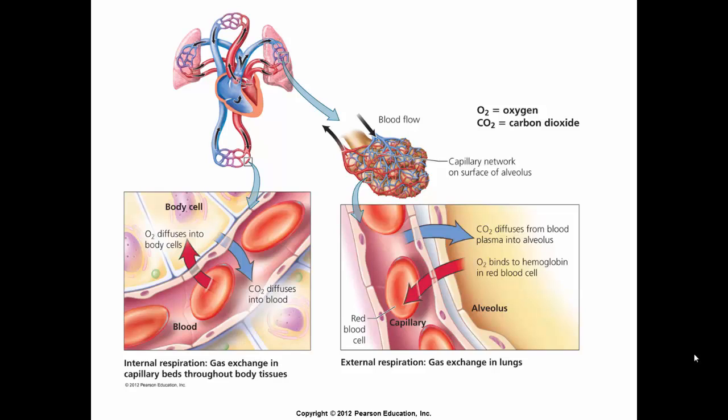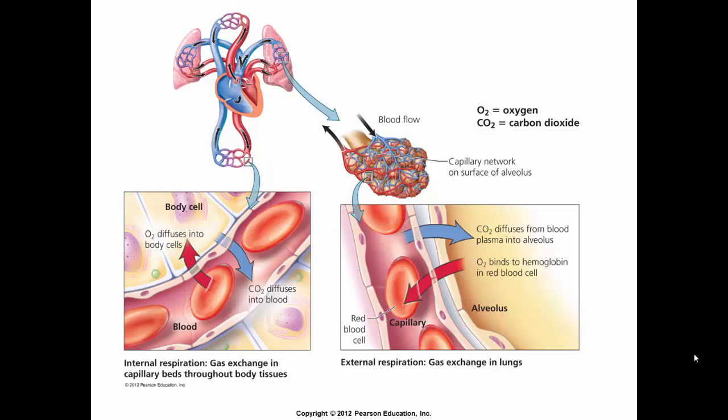And so this just walks us through the processes of the alveoli. This is where the exchange of oxygen and carbon dioxide is going to occur in the lungs. The internal respiration is the exchange of gases in the capillary beds.